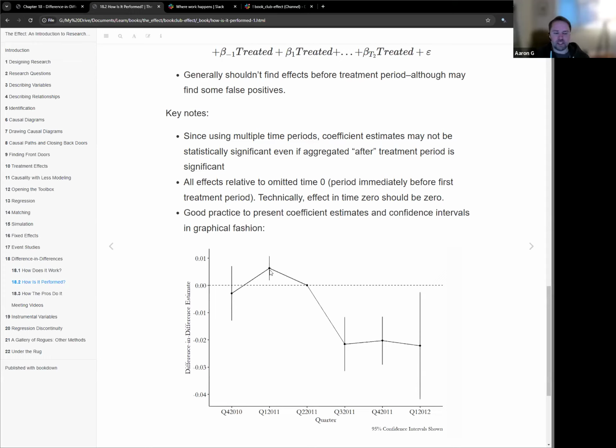So I guess the idea there is don't freak out if you have a period or two where you are capturing a small, albeit statistically significant effect. Again, you're measuring more things, you're more likely to capture some false positives. But you shouldn't see a systemic issue across all your pre-treatment periods where you're getting a statistically significant effect.